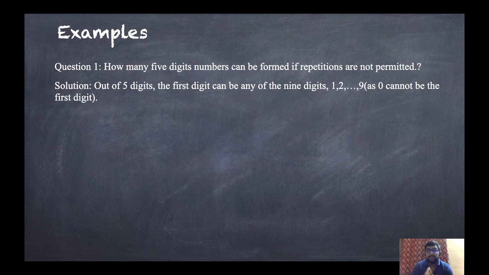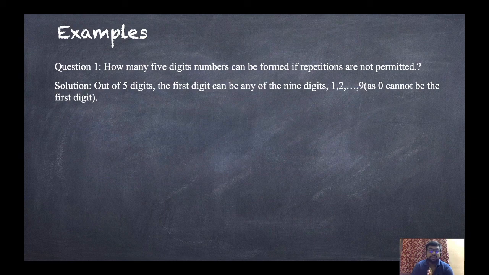So there are a total of 10 digits, out of which we can construct 5-digit numbers. Now we will select the digits one by one. For the first digit, 0 cannot be used, because if we put 0 in the first place, it will be a 4-digit number, so that is not possible.